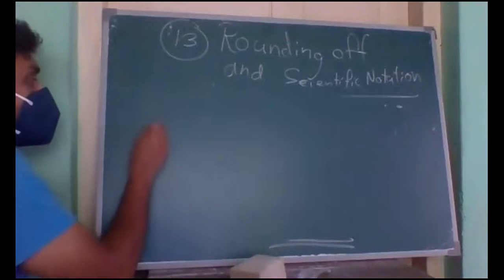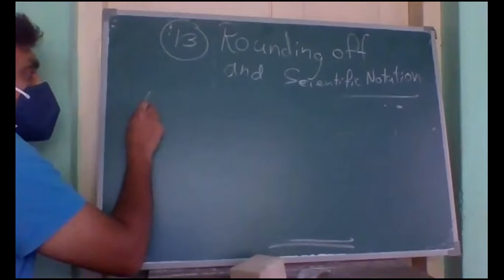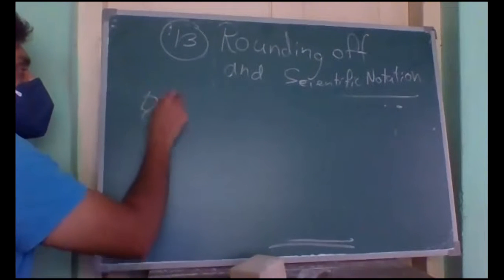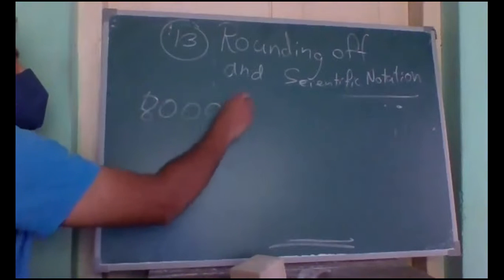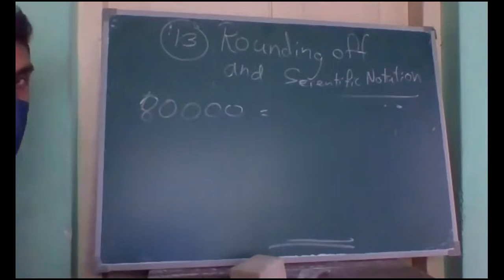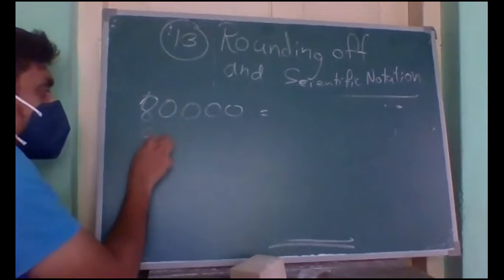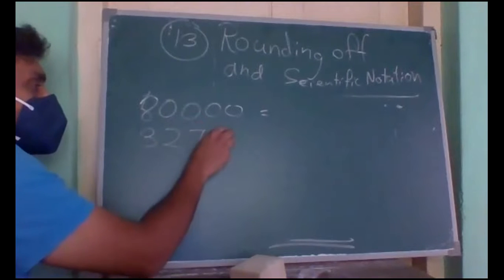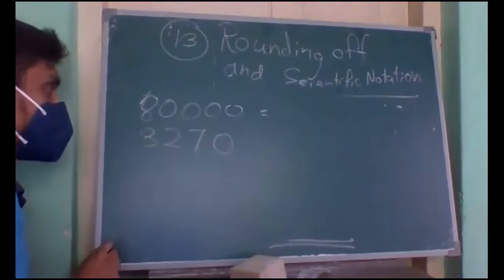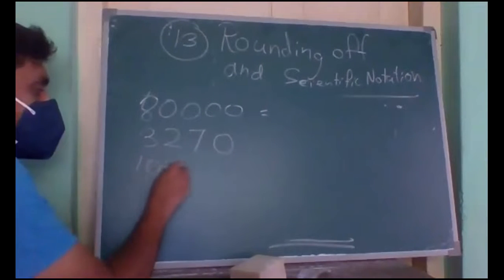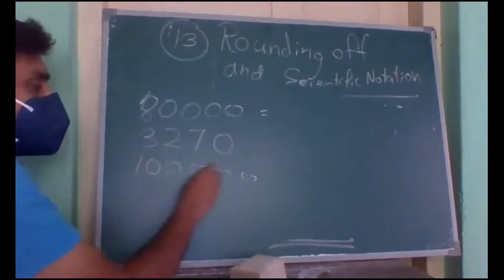Okay, now it's time to convert these into scientific notation. Now try to write them. 80,000 in scientific notation. 3270. 1 million.